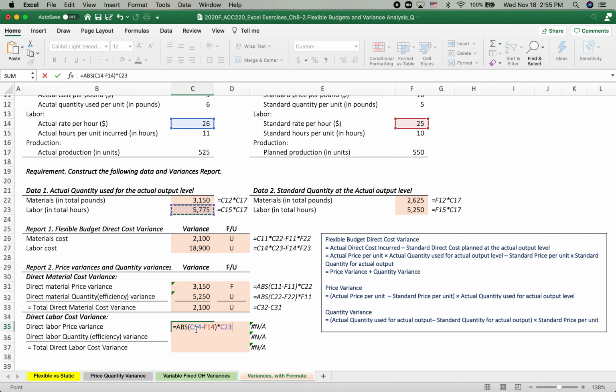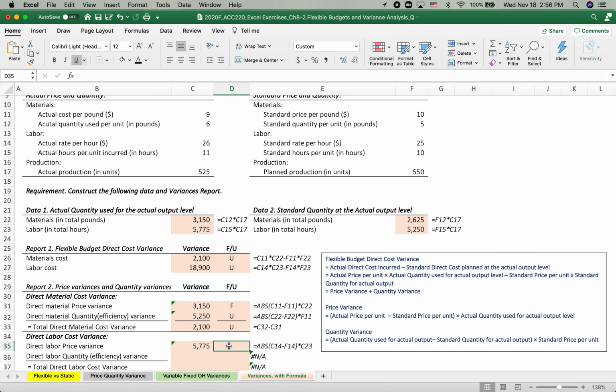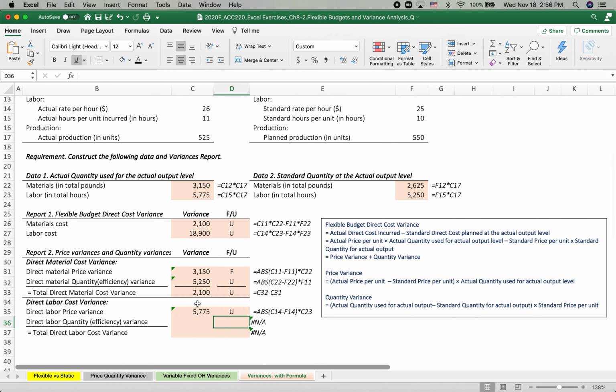The price variance times actual quantity. So which one is bigger, right? Actual rate is greater than the standard rate. So it is an unfavorable result.